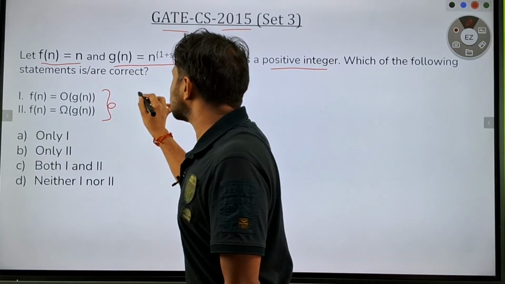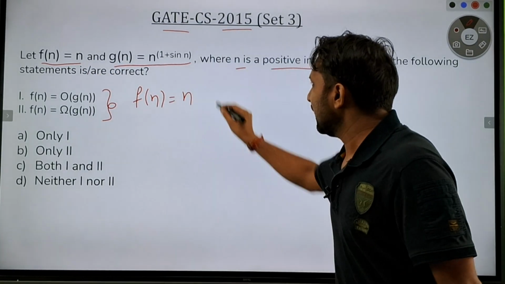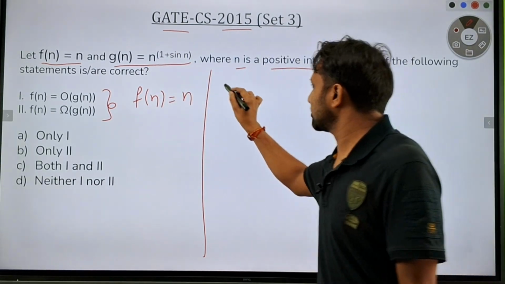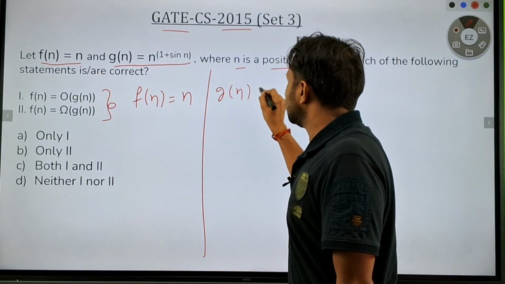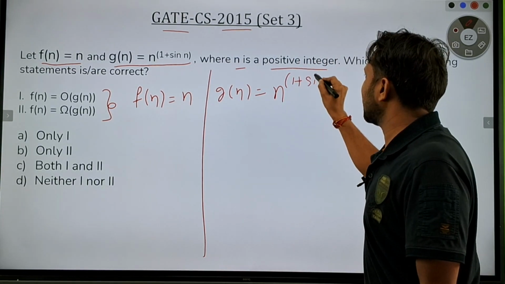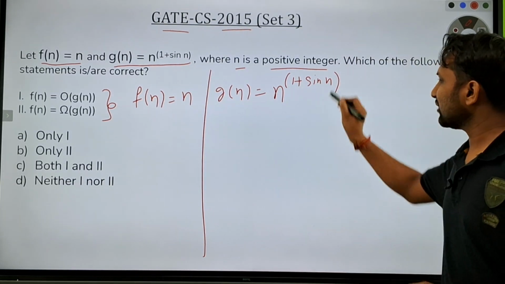So f(n) is a very simple function, that is n only. We need to simplify the g(n) function a little. So g(n) is equal to n^(1 + sin n). We must be knowing what the sin n value can be.